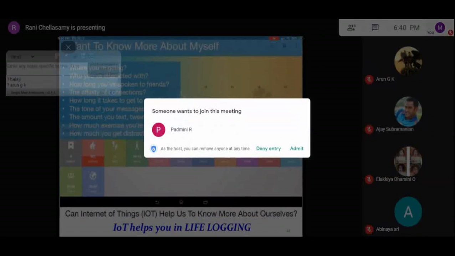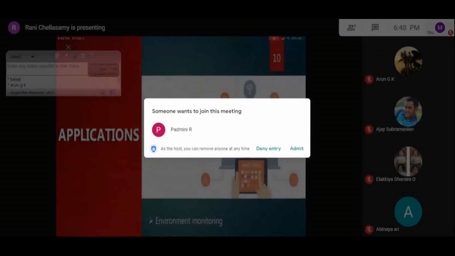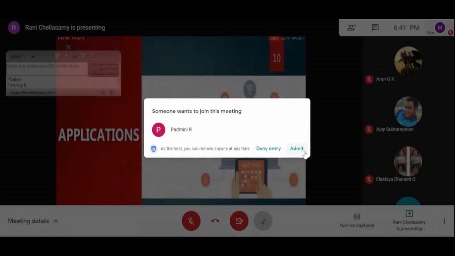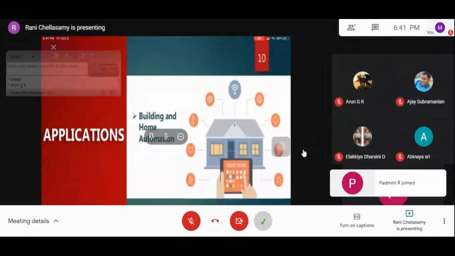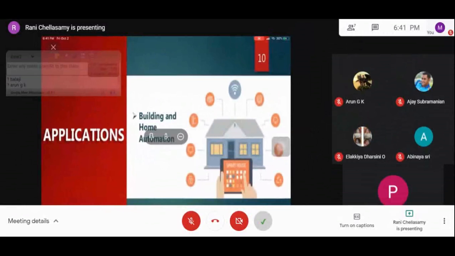So some more applications: you can have environment monitoring, that is, smart home appliances and all the automations. You can control the things in your house, like lighting up and switching off.